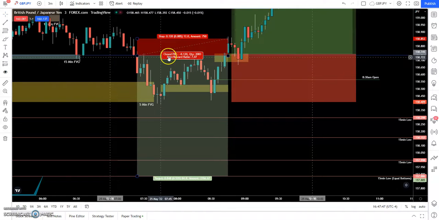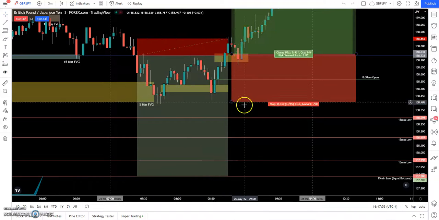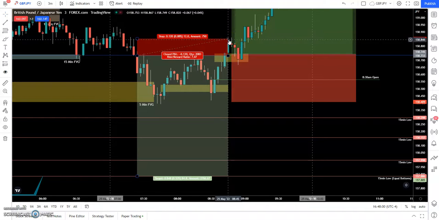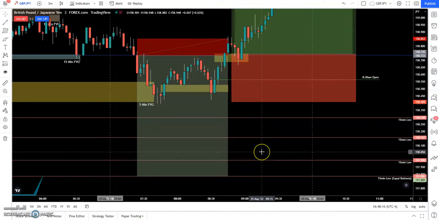So the market continued to go down, fell in this fair value gap, and pushed much higher. At this point, when this broke and took me out, I lost 12 pips. I think it was 12 pips. Let me just double check quickly.